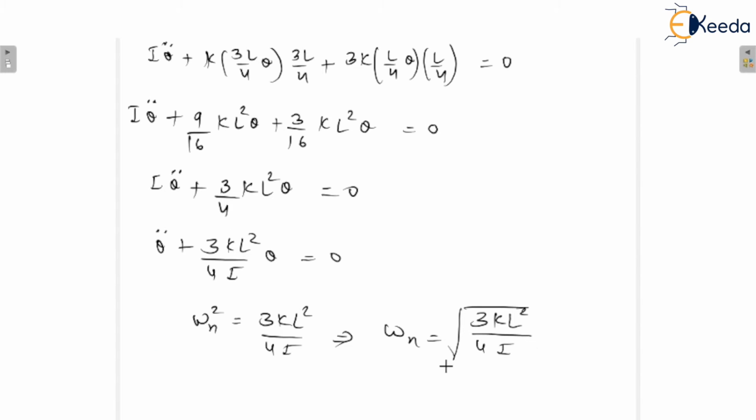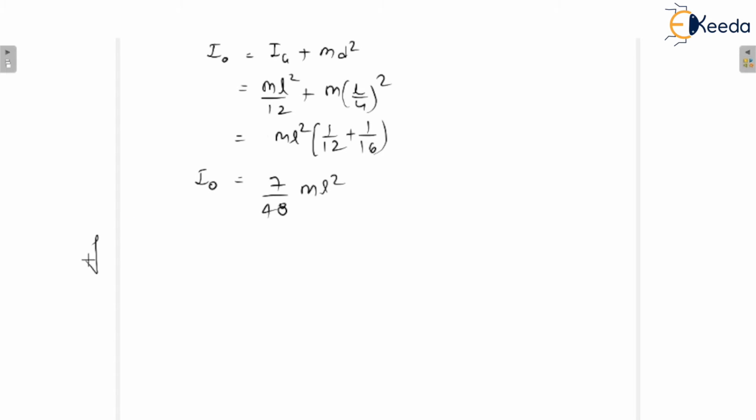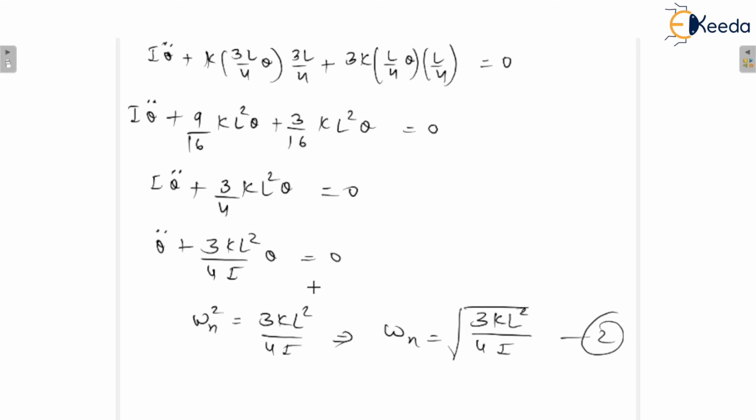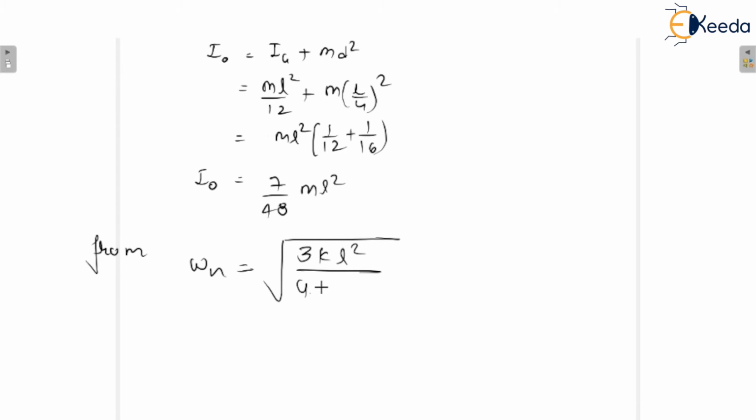So 7 by 48 ml square is the moment of inertia about the hinge point. You just have to put this value in equation number 2. From equation number 2 you can get the natural frequency omega n, which is under root of 3k L square upon 4I, and the I value is 7 by 48 ml square.